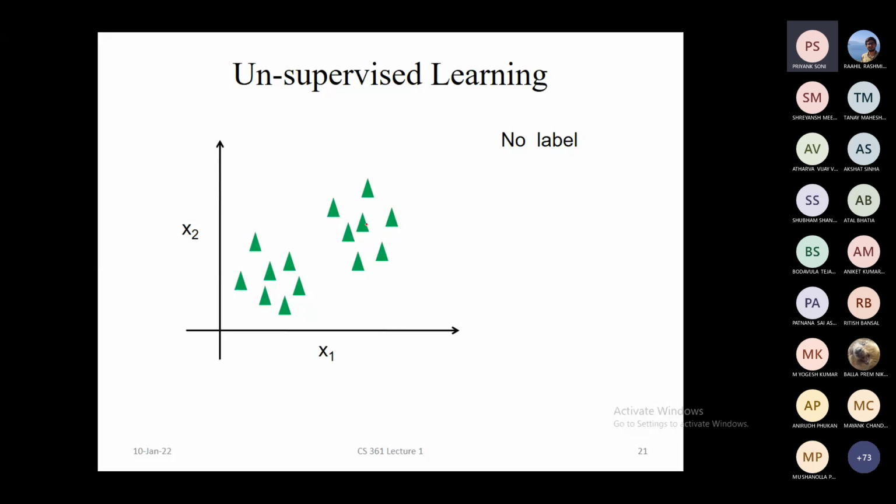Only if you say, okay, this is a point here and this is a point here, let's say some sort of center point, and the distance of this particular instance is less to this center rather than this center.